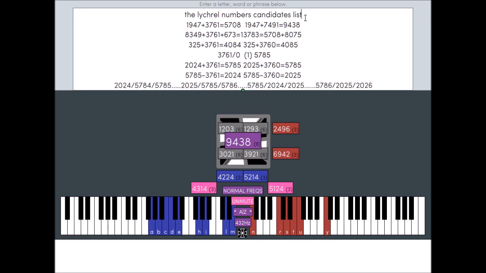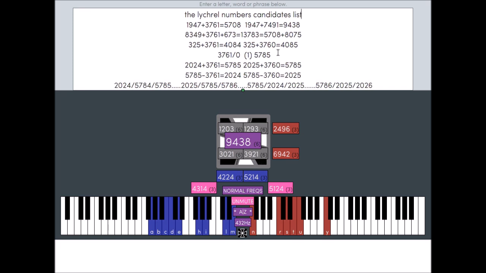And there was evening, and there was morning, first day. And there was evening, and there was morning, the second day, the third day, the fourth day, the fifth day, the sixth day, right? That's where 5708 was. It's the sixth day, 1947 and 5708. And this is all about the creation of our time.